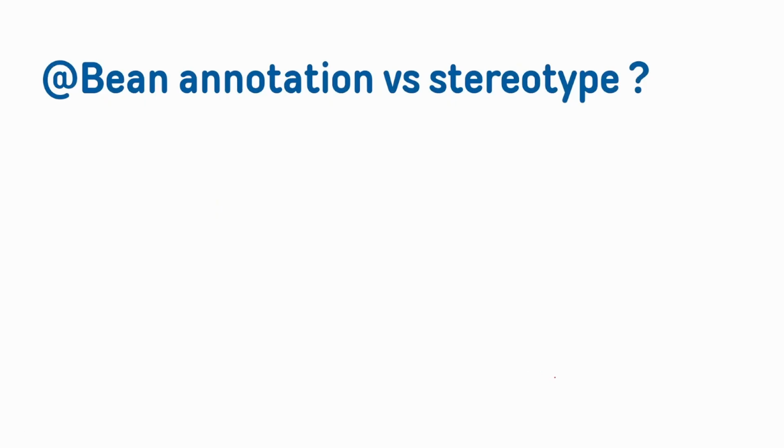Now let's see what the differences are between the bean annotations versus the stereotype annotations. So what are the differences between both of them?